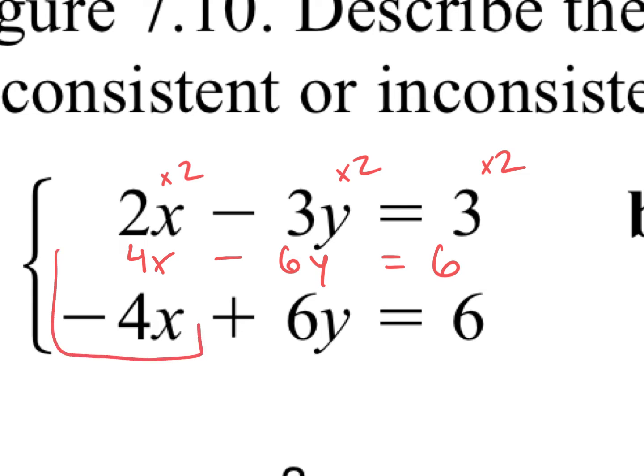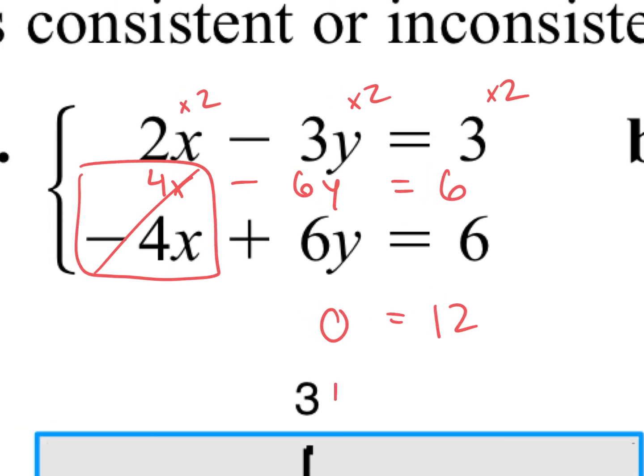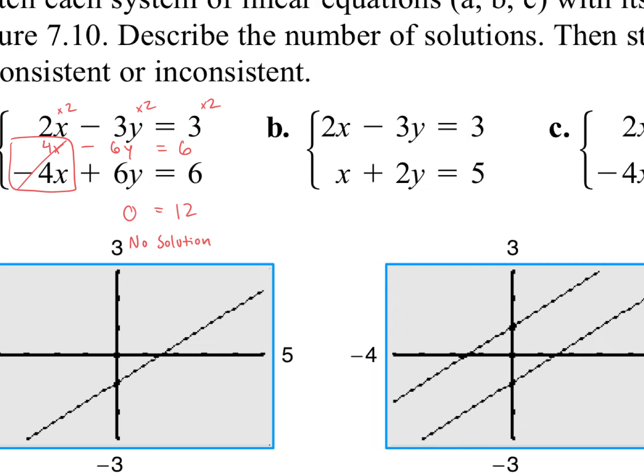Now I see my x's will cancel. What's negative 6y plus 6y? 0. And 6 plus 6? 12. So what would my answer be here? No solution. So which graph shows no solution? The second one, the one in the middle.